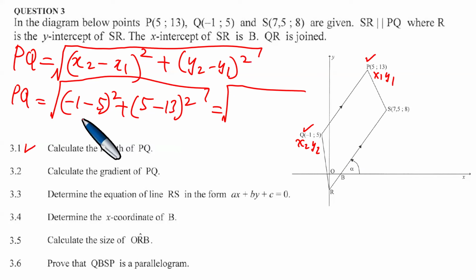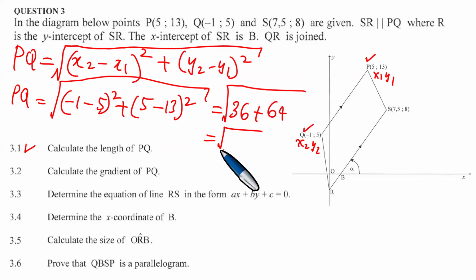If you have -1 minus 5, we get -6, and upon squaring, we get 36. 5 minus 13 gives us -8, which we square, and that gives us 64. 64 plus 36 together give us 100, and the square root of 100 is 10.